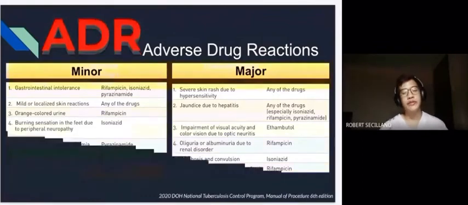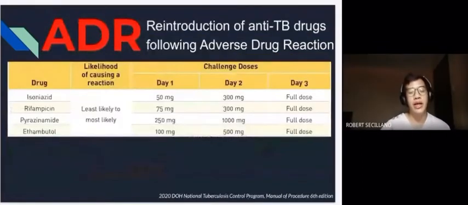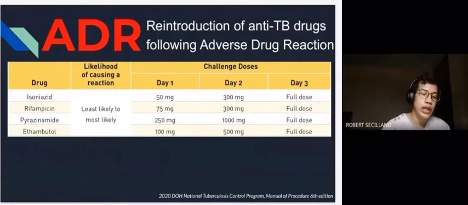So, the introduction of anti-TB drugs following an adverse drug reaction. Here's the approach. First, isoniazid. If a major drug reaction happens, first we introduce isoniazid on day 1 at 50 milligrams. Then a stepwise increased dose: day 2, 300 milligrams, then full dose.